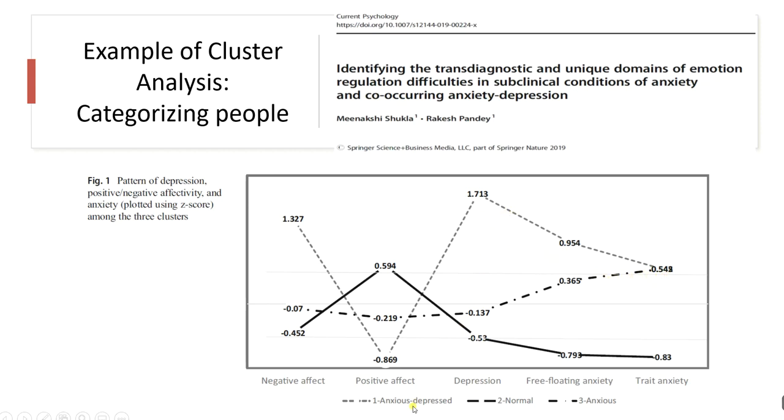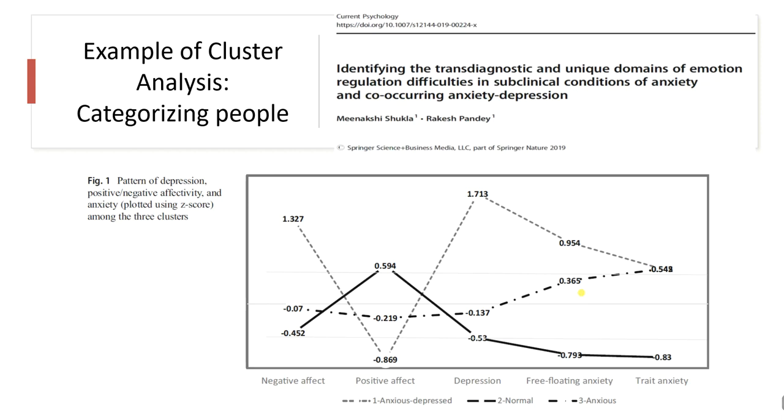We refer to this cluster as the mixed anxiety depression group. And we obtained a third group of people who were moderately high on negative affect, positive affect and depression, in the normal range, but very high on the two anxiety variables. So we labeled this cluster as anxious people.